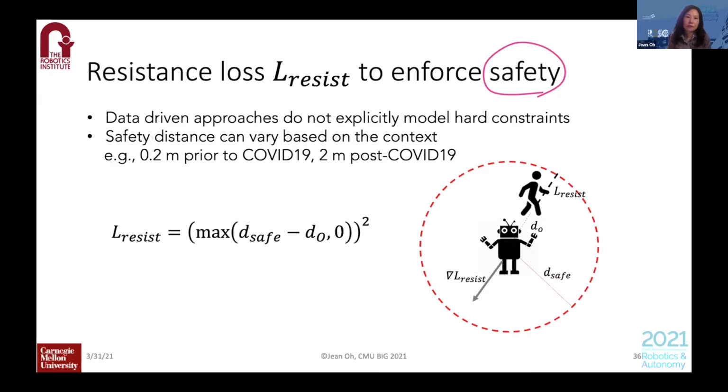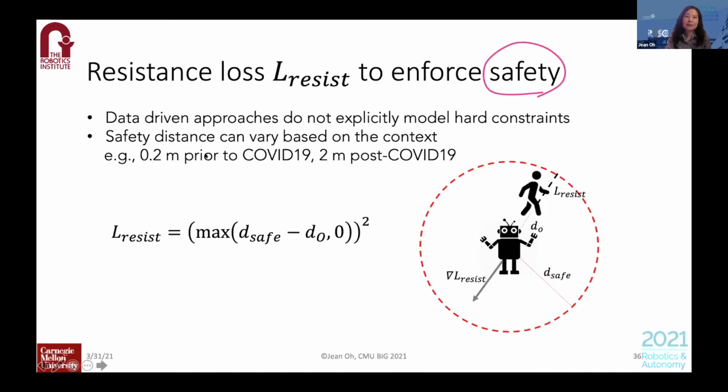There is no explicit term to avoid collision, which is very different from robot navigation, where that is one of the major objectives. So all these data-driven approaches are considered risky because of that reason. Even if we try very hard, and I recently talked with someone who's using reinforcement learning to solve the same problem, he also shares the same concerns: how to enforce this safety, like hard constraints. So this term was added.